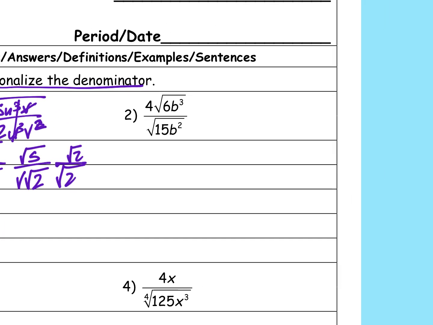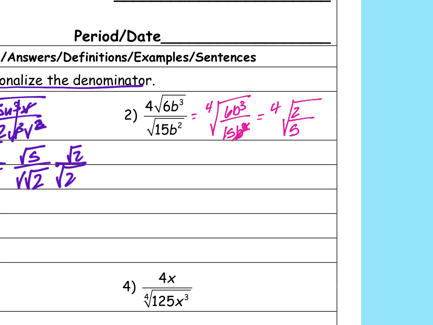Okay, next one. So I'm going to get 4 times the square root of 6b cubed over 15b cubed, which is going to equal 4 times the square root. Let's see, 3 goes into 6 2 times, and then 15 5 times. And then, oh, that's a b squared. So sorry.